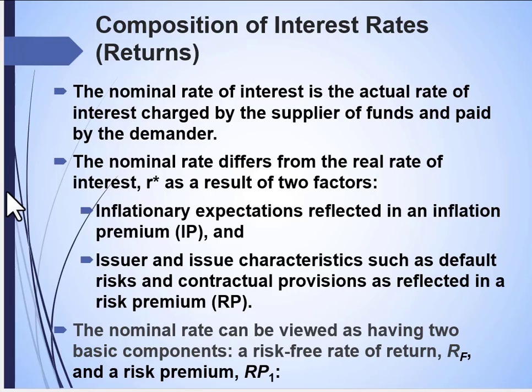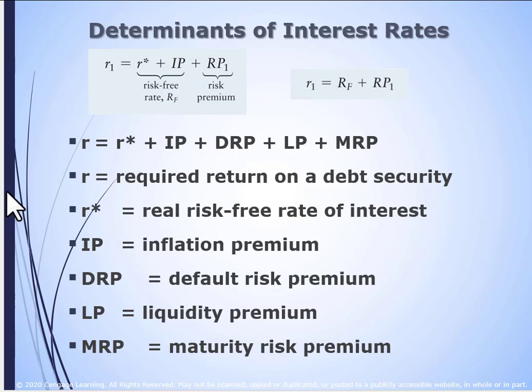In addition, there are risk characteristics, both of the issuer and of the issue itself. So this nominal rate, the actual rate that we're paying, the stated rate here, has two basic components. It has a risk-free rate and it has a risk premium.